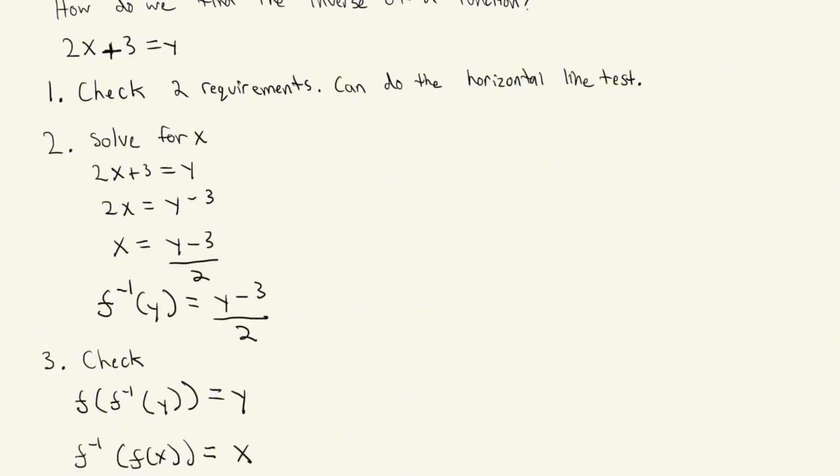So that is going to be this: f of f inverse of y is equal to y. So f is equal to 2 times x plus 3 is equal to y. So for x, we're going to plug in the inverse function. So it becomes 2 times (y minus 3) divided by 2, plus 3 is equal to y.